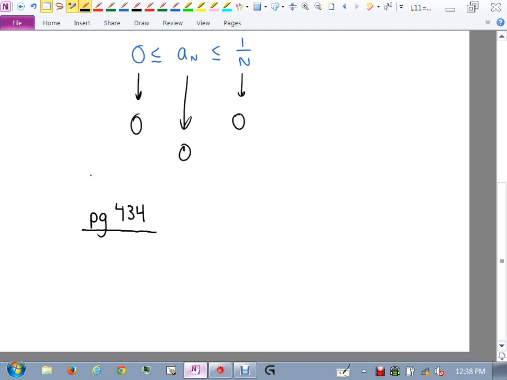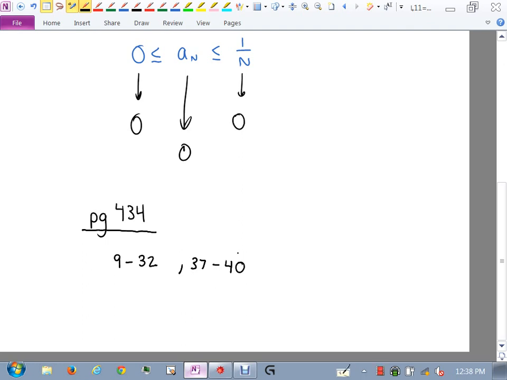5 through 8, right? So now you can look at 9 through 32, 37 through 40. It's a lot of problems there.